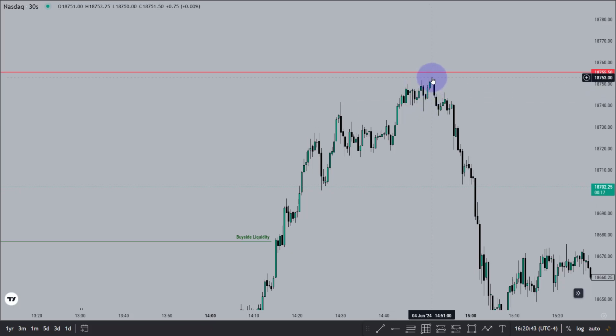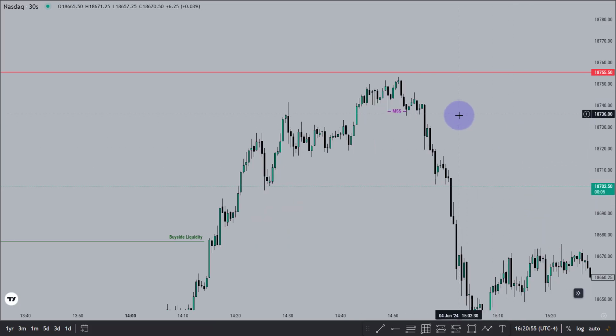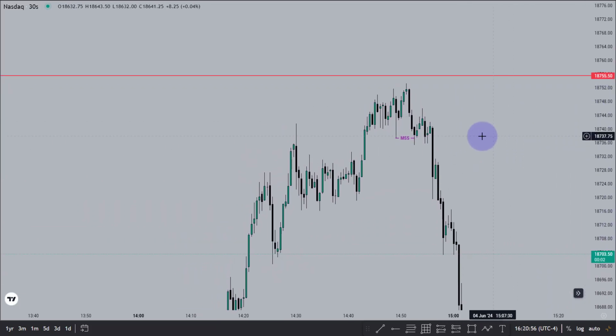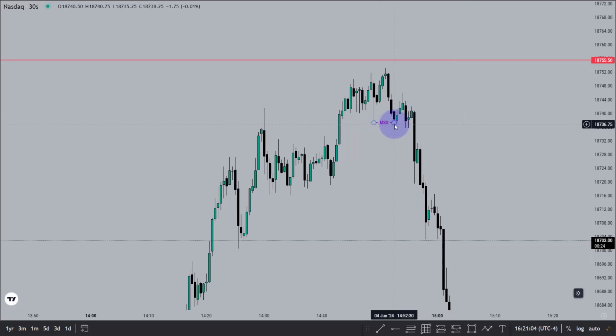There is no other high above that high, and a displacement with a market structure shift. So here, this is your market structure shift. I'm going to mark it. Don't think this is hindsight. If you are with me on my Twitter, you have already seen this entry I have taken, and I have uploaded that to my Twitter. So that is your market structure shift.